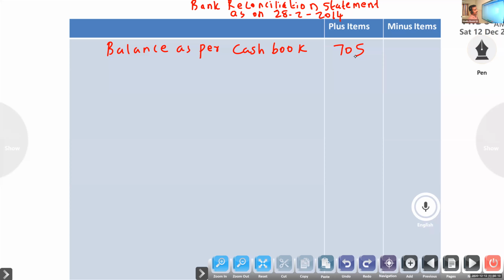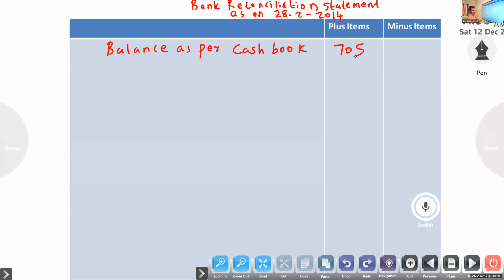So what is this? It means it is debited in the cash book, but not in the passbook. Check, it is debited. So what is that? Check if it is on the debit side of the cash book and it is not on the credit side, it means a check deposited into bank, otherwise a check paid into bank but not collected.